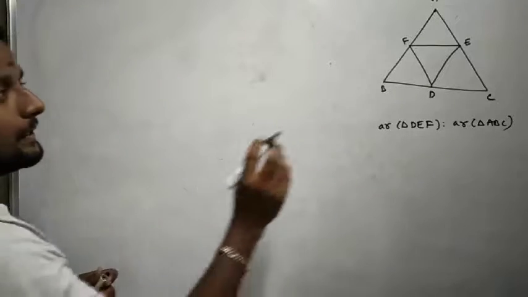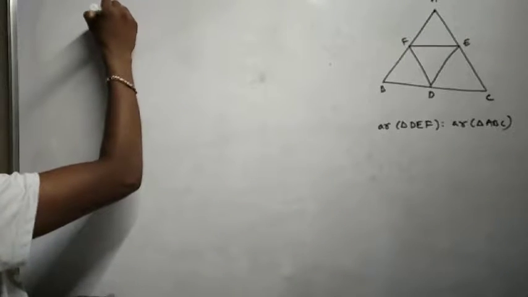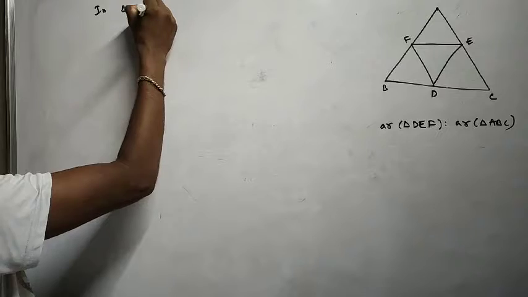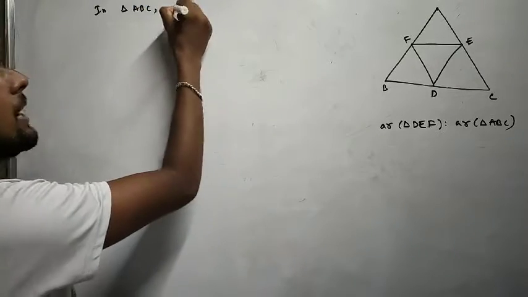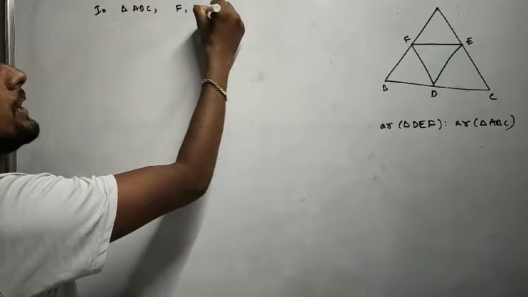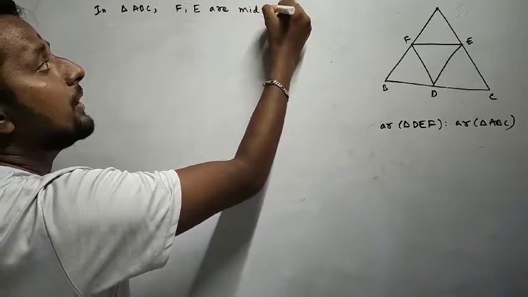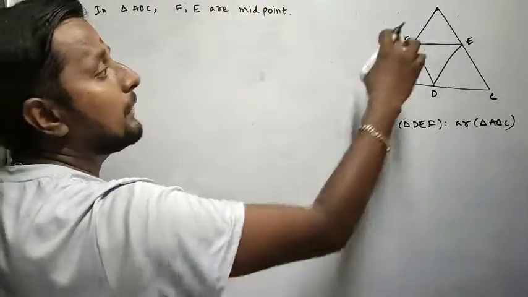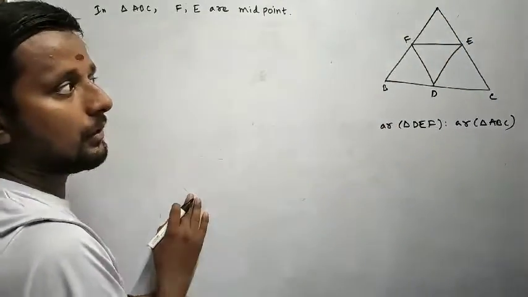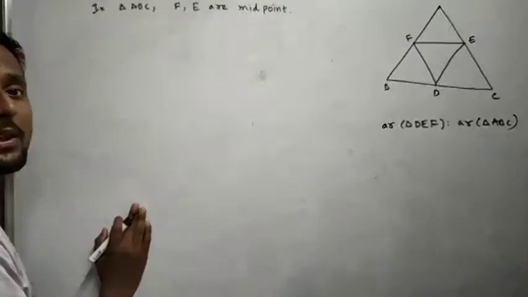Let us look at triangle ABC, I am talking about F and E. F and E are midpoints. That means they divide the side into two equal parts, so the ratio of the equal parts is equal to 1.